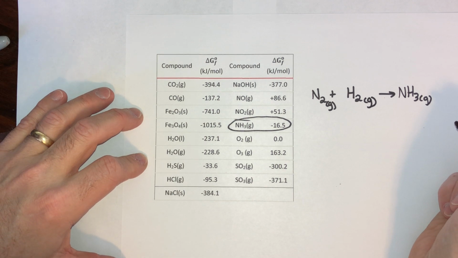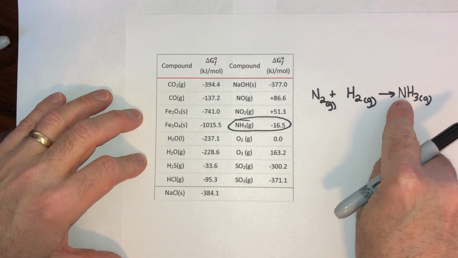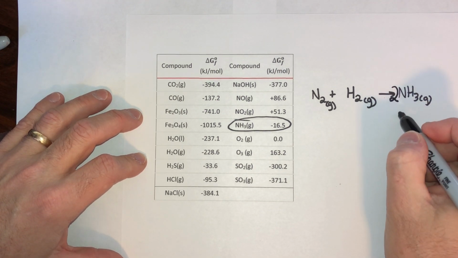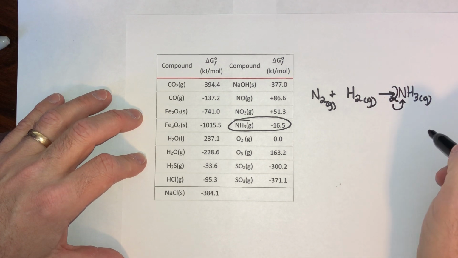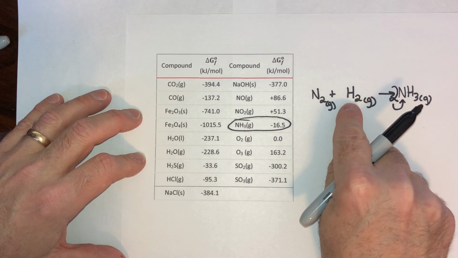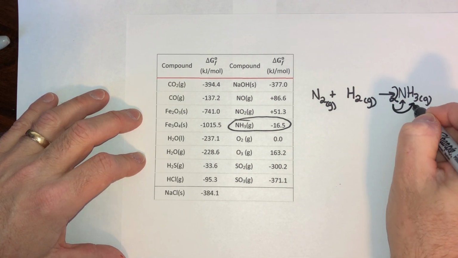Okay, let's balance this thing. You've got 2 nitrogens here, but you've only got 1 there. If I put a big 2 out in front, now I get 2, because 2 times 1 nitrogen gives me 2. So 2 nitrogens and 2. I have 2 hydrogens on this side, but that 2 multiplies in here, right?